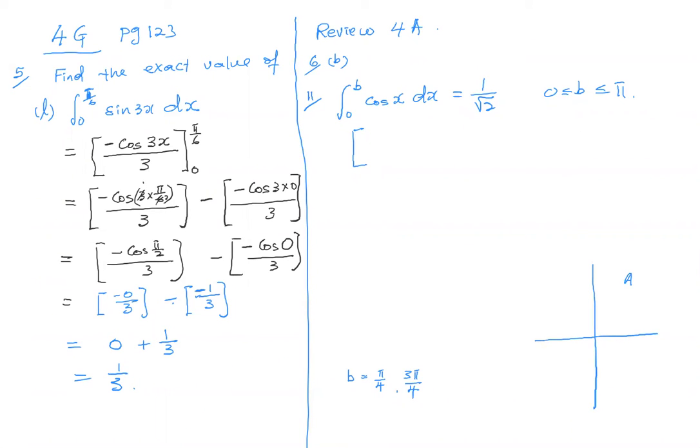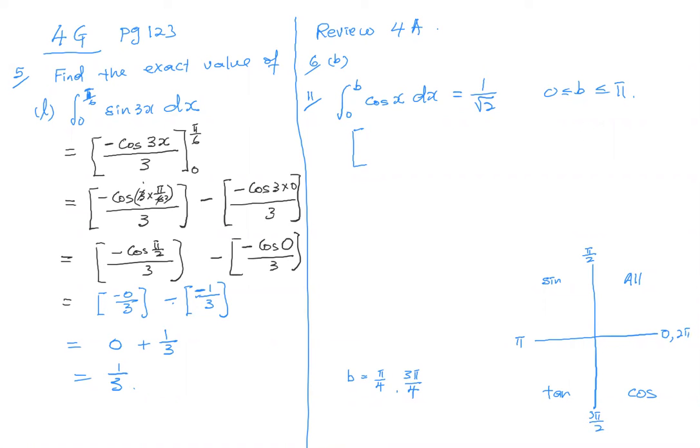All, sin, tangent, cos. Here is 0. Here, the angle is pi by 2. Here is pi. Here is 3 pi by 2. And go back to 2 pi.